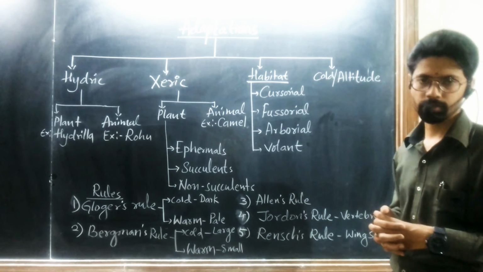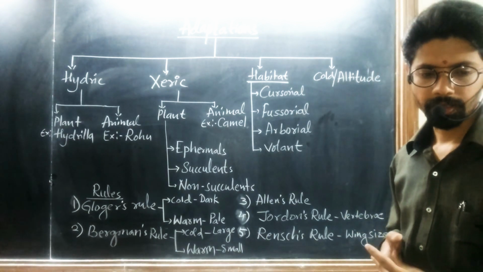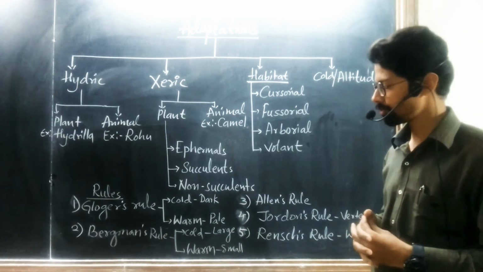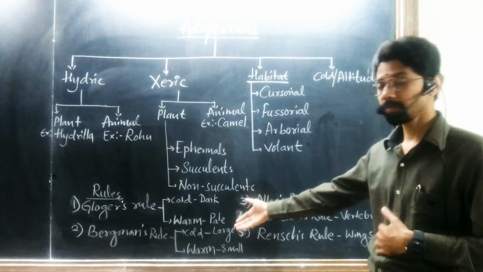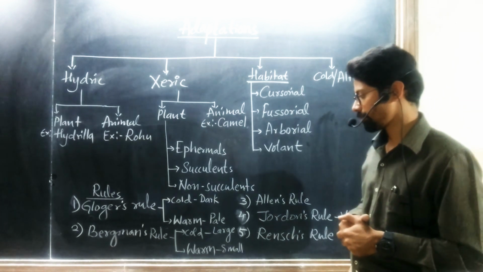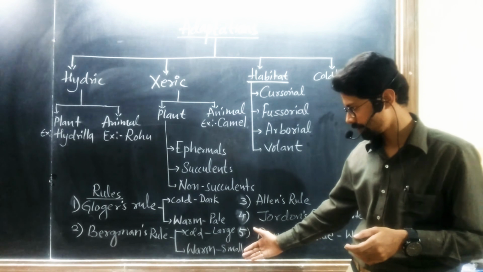Second rule is Bergmann's rule. Bergmann's rule is related to body size. So before Bergmann's rule, I would like to again give an example for cold and warm adaptations. Here also, cold and warm habitat in Bergmann's rule.